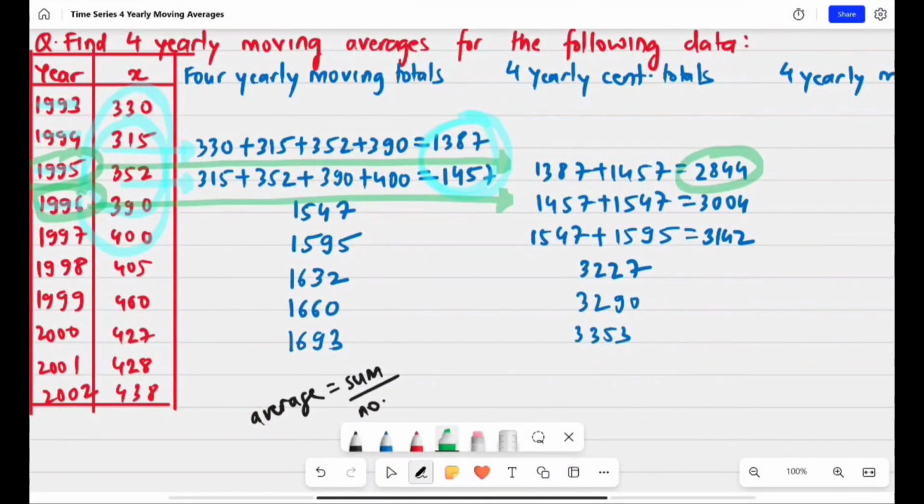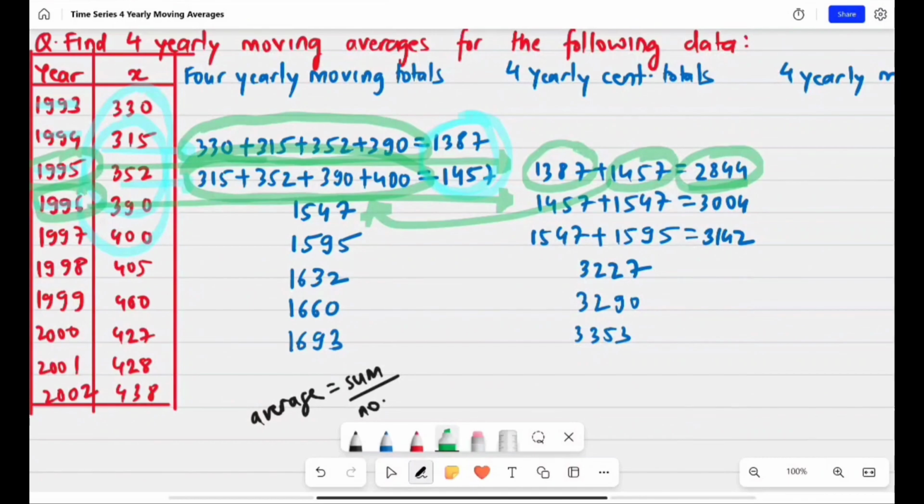Now 2844 is the sum of 1387, which has been obtained by adding these 4 numbers, and similarly 1457 has been attained by adding these 4 numbers. So if you look at 2844, this is actually a sum of 8 numbers. So the 4 yearly moving average for the year 1995 is going to be 2844 divided by 8.